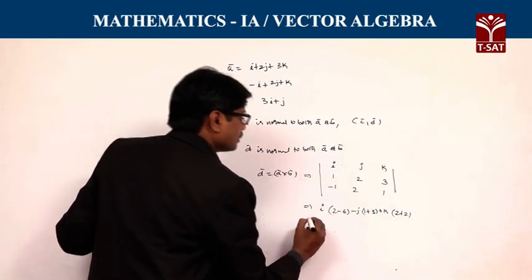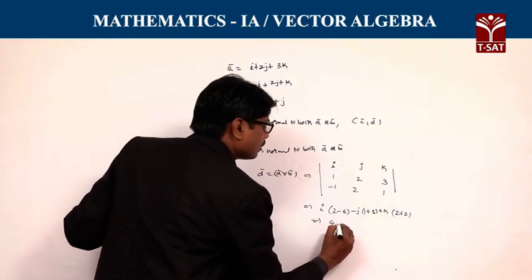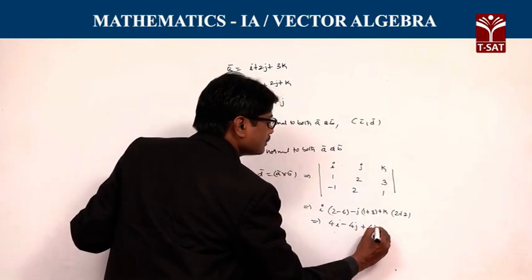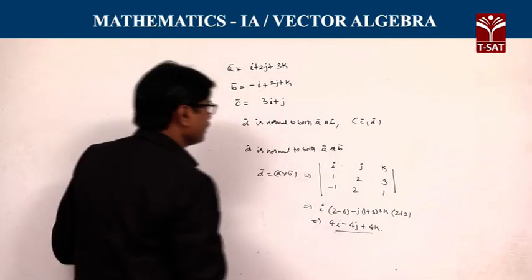So the vector d bar will be 4 times of i bar minus 4 times of j bar plus 4 times of k bar. This is the vector d bar.